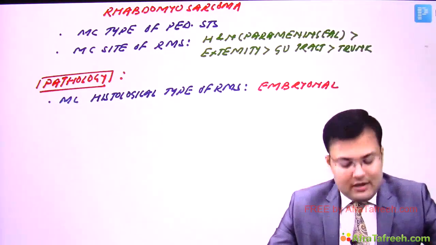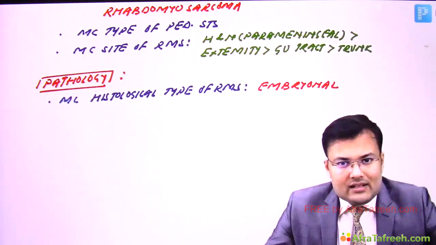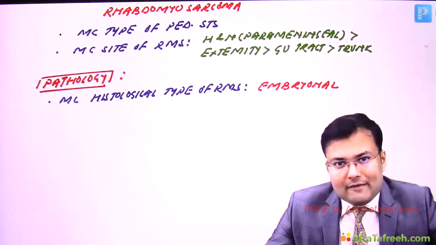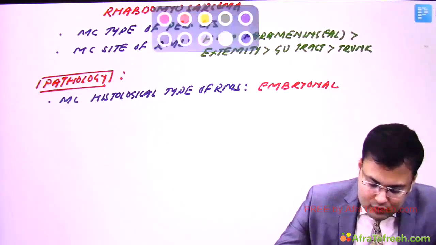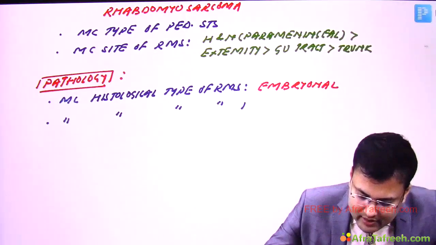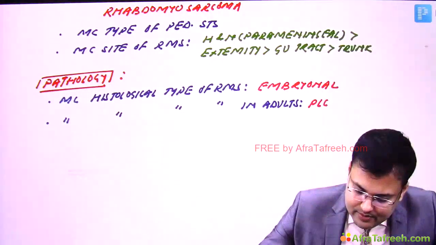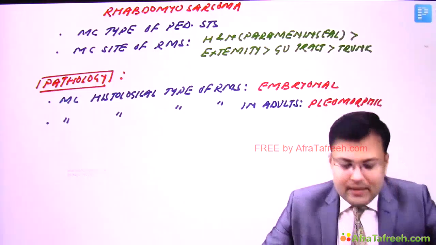Clear? But the most common histological type in adults is the pleomorphic variant. Clear? So you have to remember these histological types.